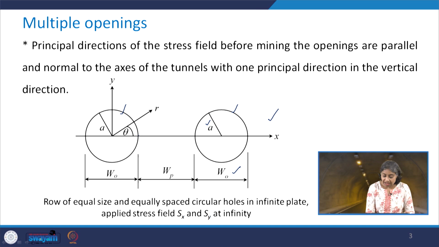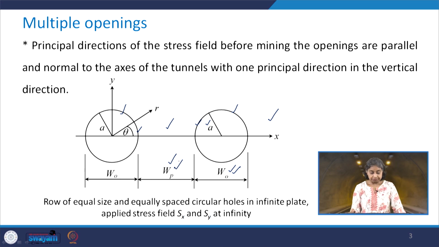Now you see that there is going to be an unexcavated space between these two circular openings, the width of which is represented by WP. This P stands for pillar. So the unexcavated space will form a pillar between the two circular openings. The width of the opening is WO and the width of the pillar is WP.